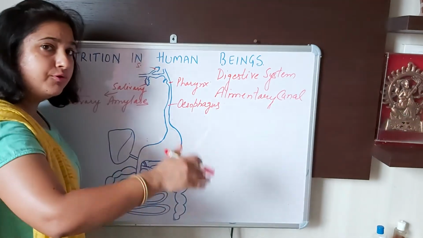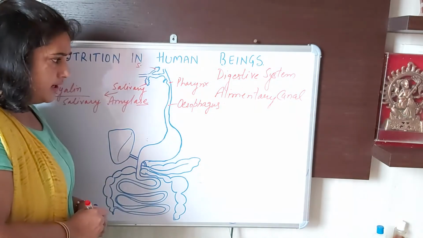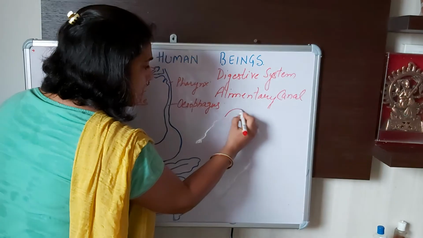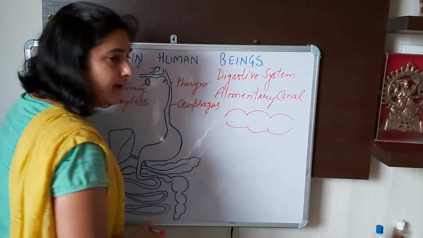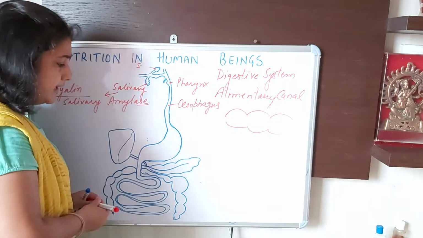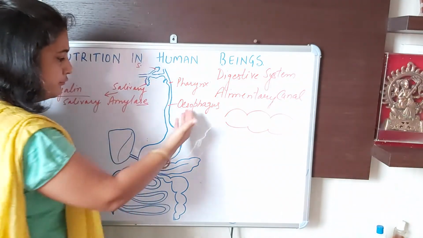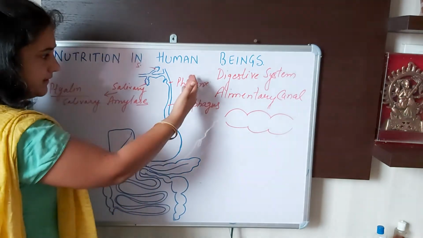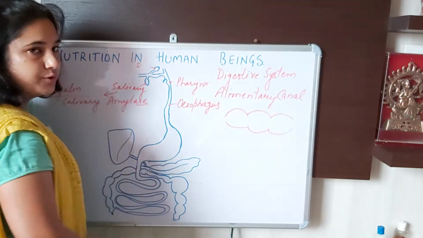The esophagus adds mucus to the food that helps in easy swallowing. Along with it, in the esophagus there is a wave-like movement which is called peristalsis, or a peristaltic movement, that helps in easy passage of food towards the stomach. I hope this is clear. Salivary glands, oral cavity, pharynx, and then the esophagus.